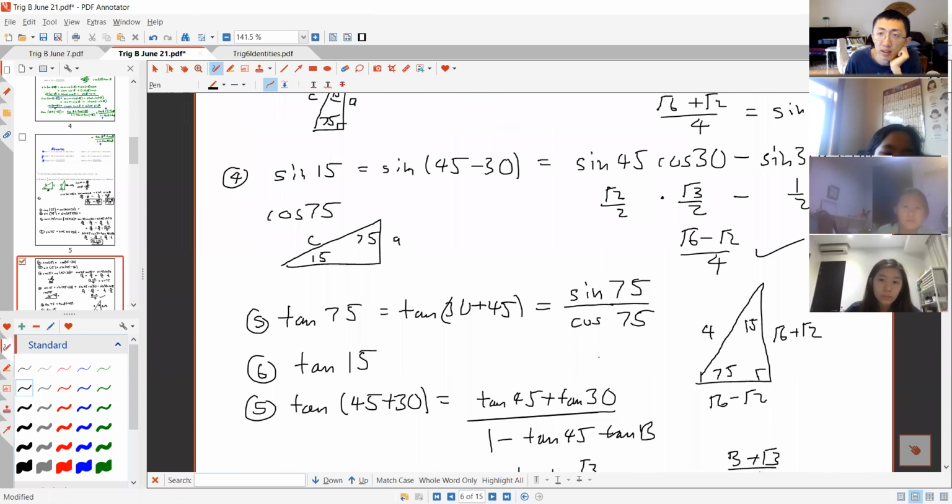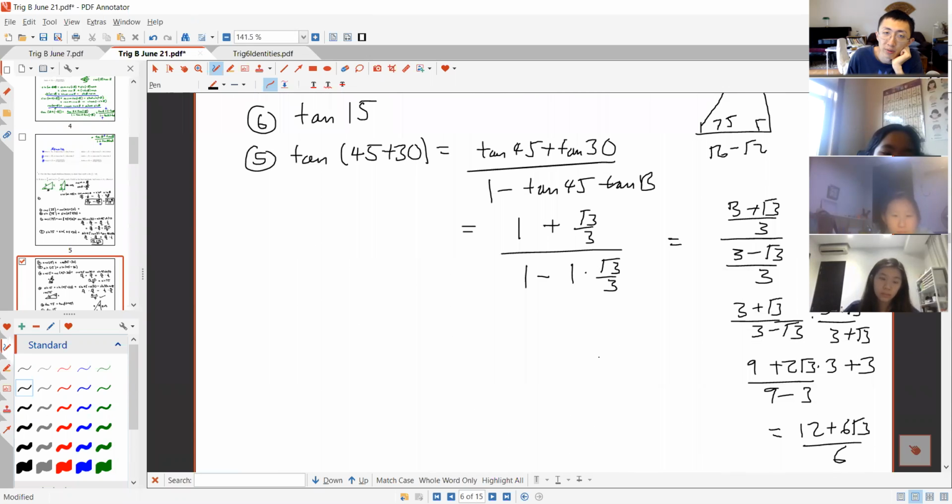So let's see, sine of 75. So here's the diagram for it. I think earlier we found that sine 75 is root 6 plus root 2 over 4, and cosine 75 is root 6 minus root 2 over 4.